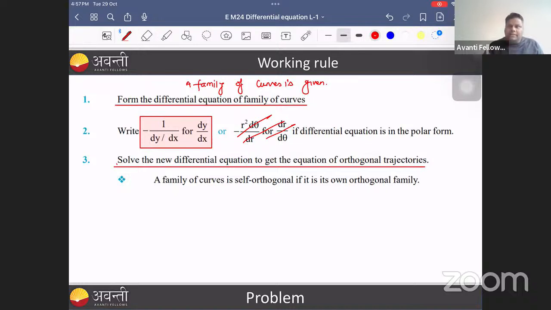That's it. And then solve the differential equation you obtain, and that would be the new family of curves.